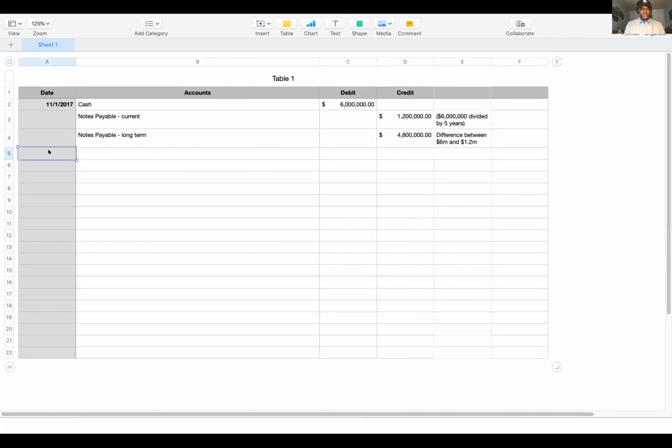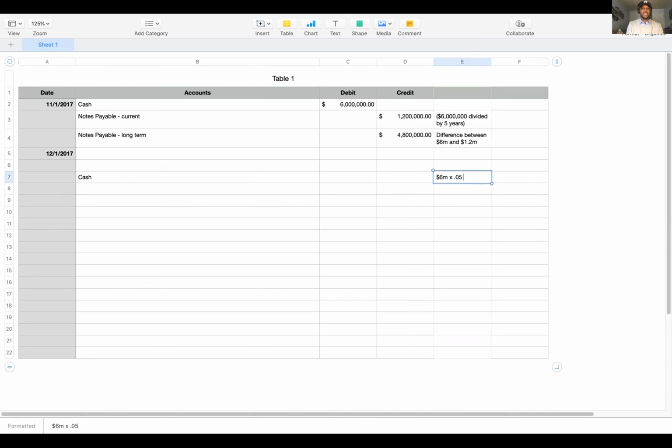So then let's look at what our first payment looks like on 12/1/2017, right? 30 days later, we have to make our first payment. So we're going to credit cash. And how much are we going to owe using the simple method? When we use the simple interest method, you just take the balance of 6 million and you multiply it by the interest rate, 5%.